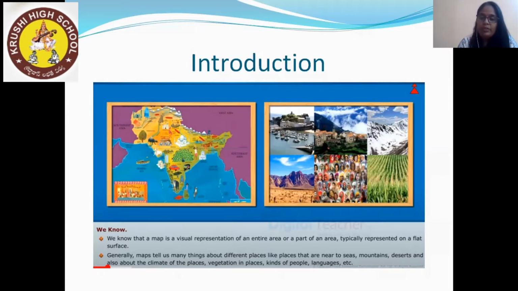For example, the amount of rainfall it receives, the language spoken by the people of that area, the mountains, deserts, the climatic conditions, the vegetation, etc. We can have details about all these things by viewing the map. Is that clear to you?